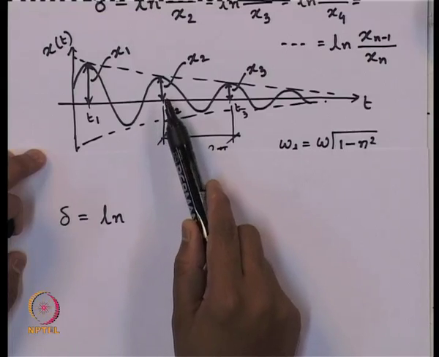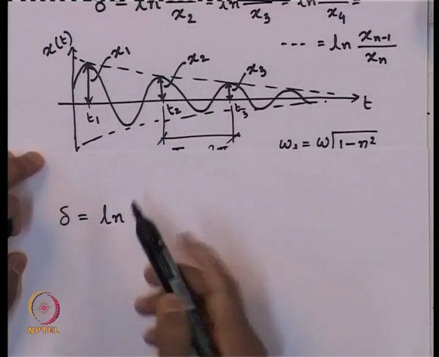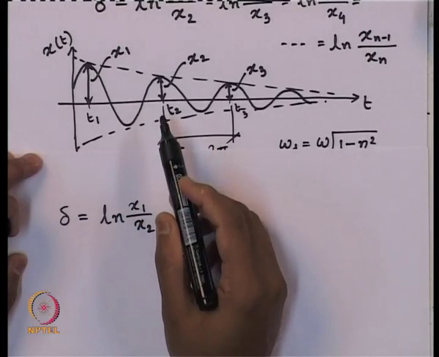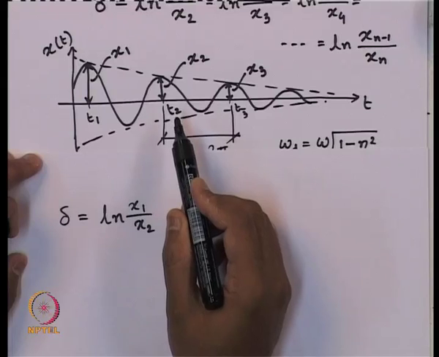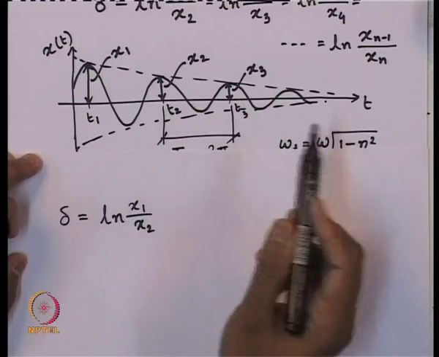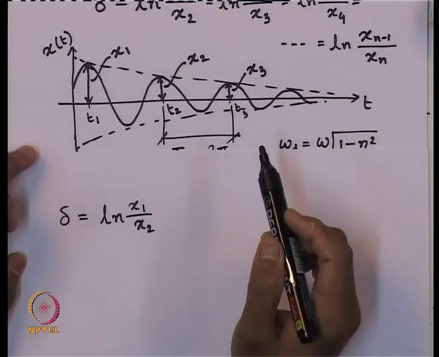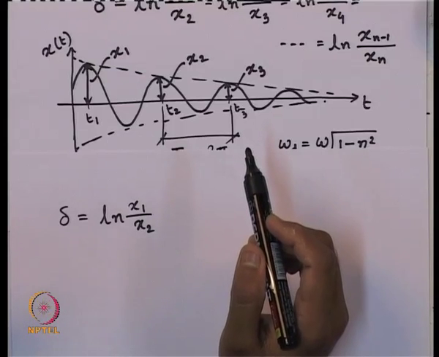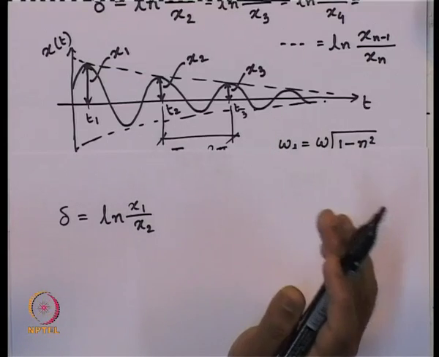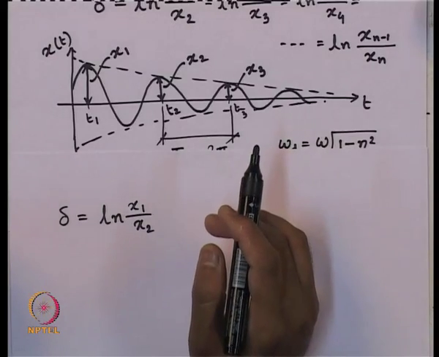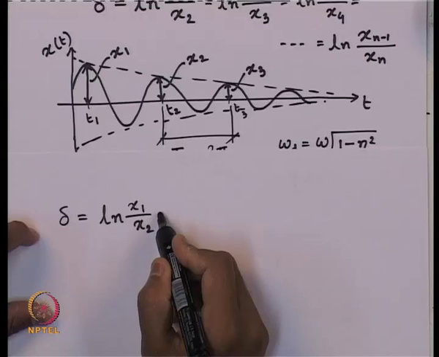times a big expression in terms of the initial displacement and initial velocity, which is a harmonic function. For x2, the expression will be e to the power minus eta omega t2 times a big expression containing initial displacement and initial velocity with a harmonic function in terms of cosine and sine functions. What does it mean?